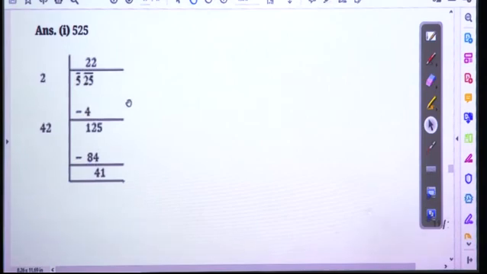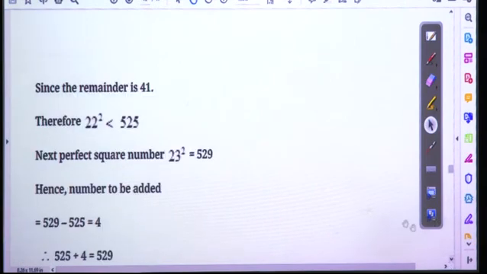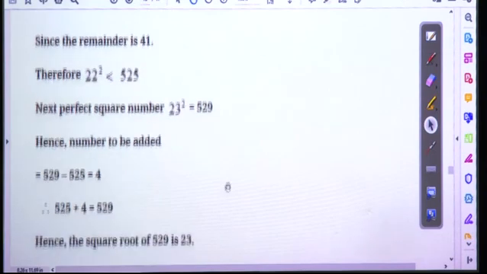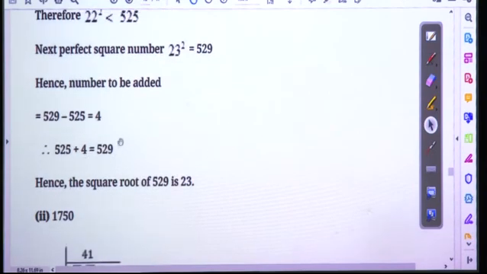The next perfect square number is 23 square, which is 529. Hence, the number to be added is 529 minus 525, which is 4. 4 is added to 525 to make it a perfect square, and hence the square root of 529 is 23.